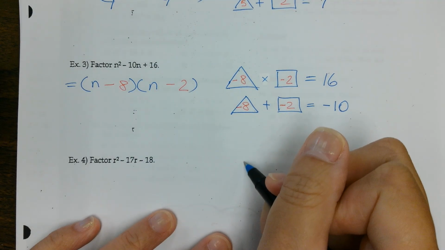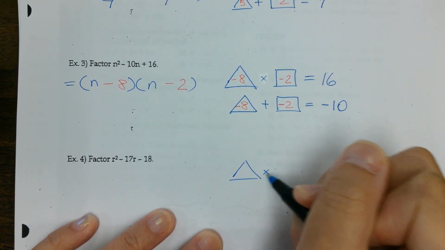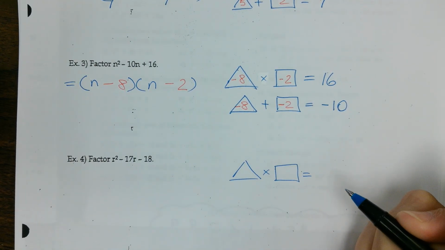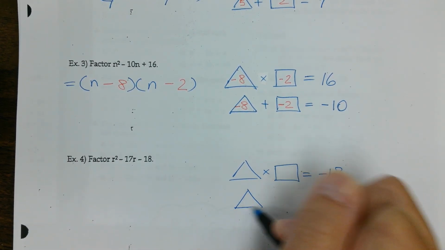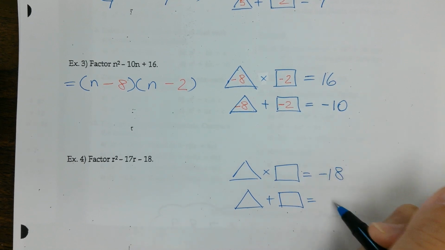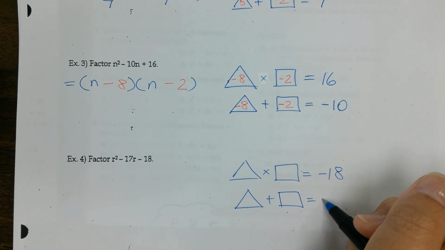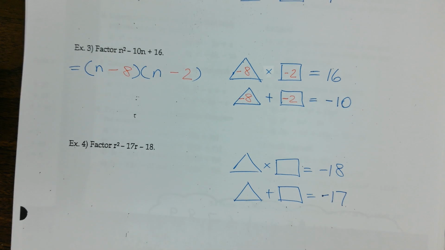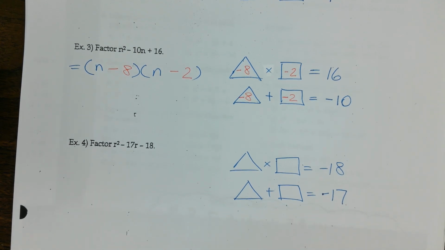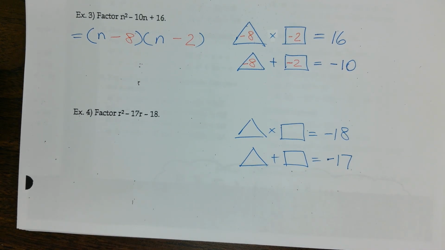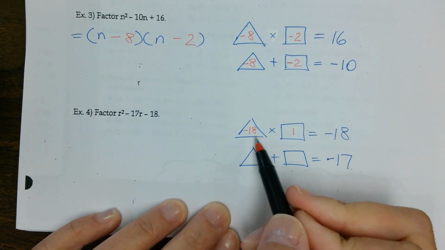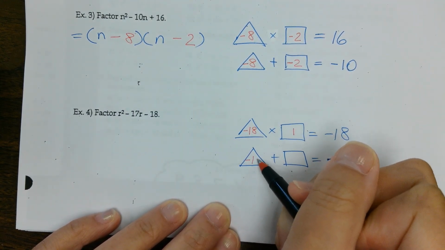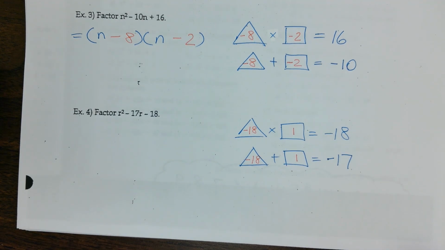Next one. So somebody set this up. Triangle times square equals what? And when I add it, it should give me what? Hazel? Good. Okay. Come up with those two numbers. Okay, Daniel? Negative 18, positive 1. Okay, and negative 18 plus 1 gives us that. That's right.